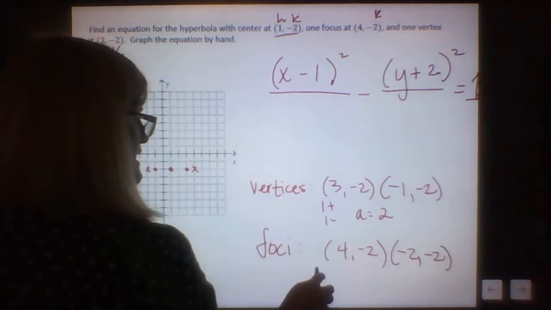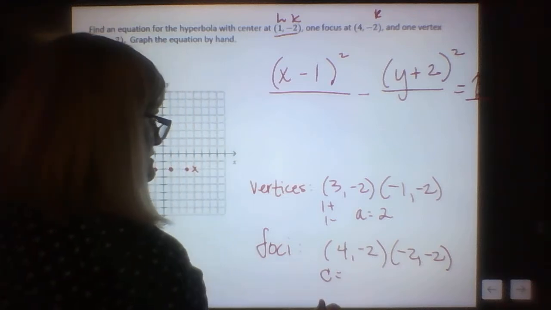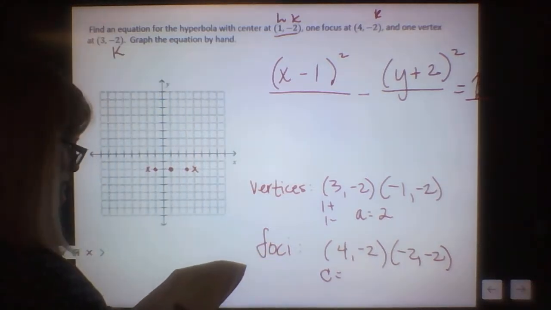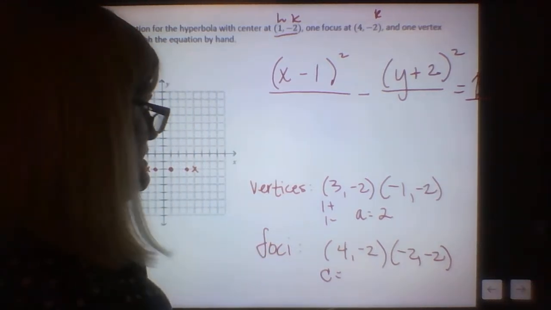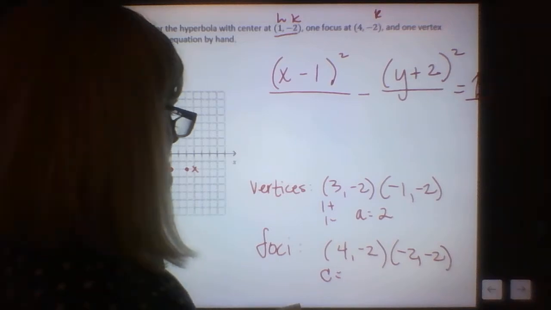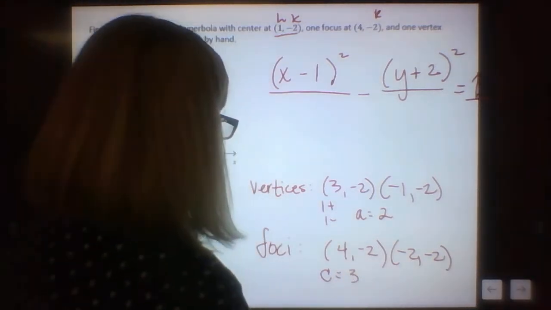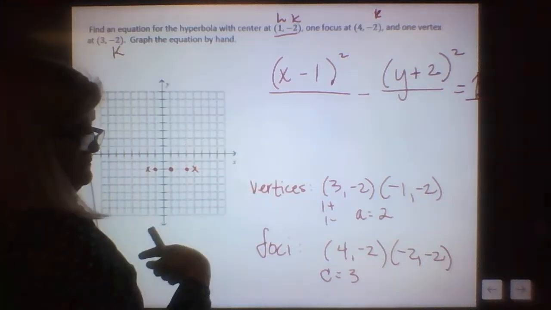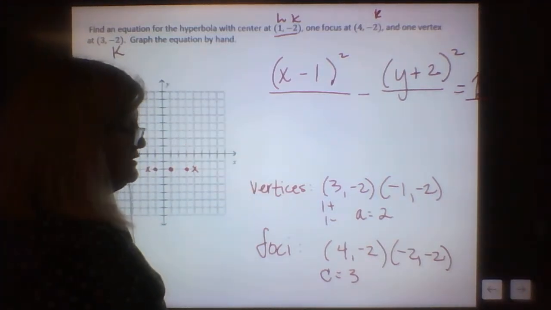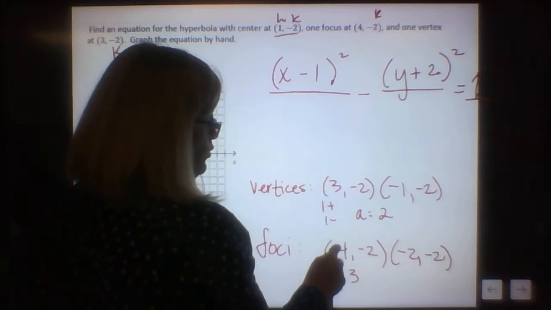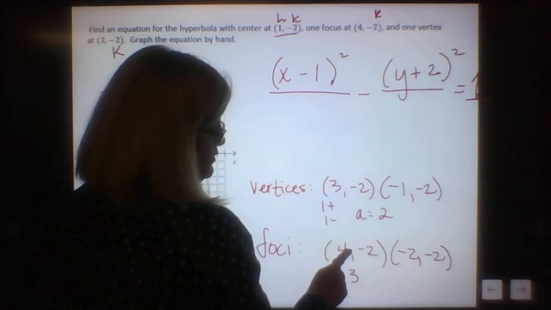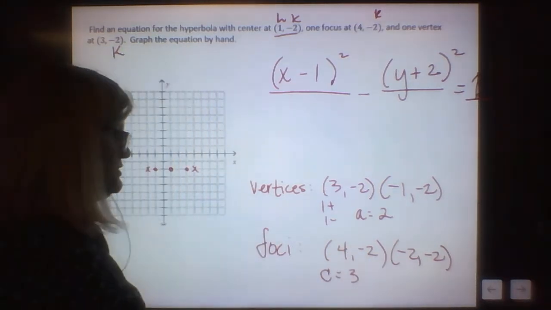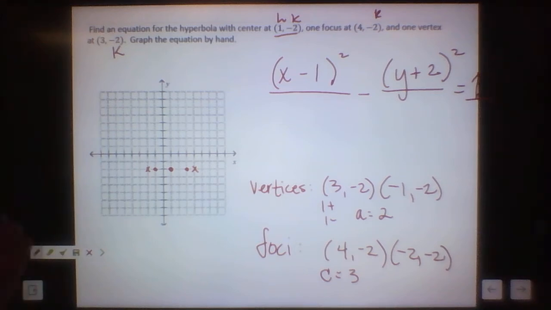Okay, so now I need, let's see, C is going to be what? 1 plus something, 1 minus something. So C is going to be 3. You do this arithmetic, and if it takes you longer, it takes you longer. You're trying to figure out 1 plus something gives me 4, 1 minus something gives me negative 2. So C is 3.